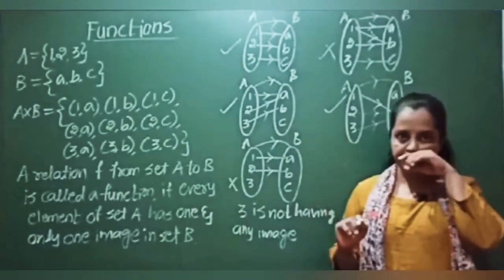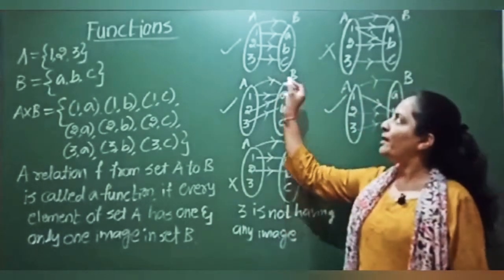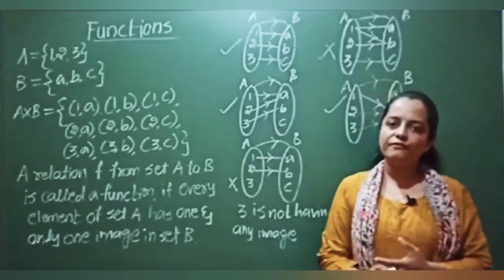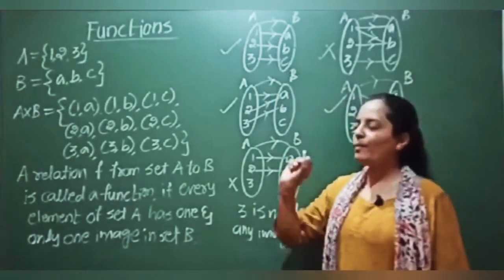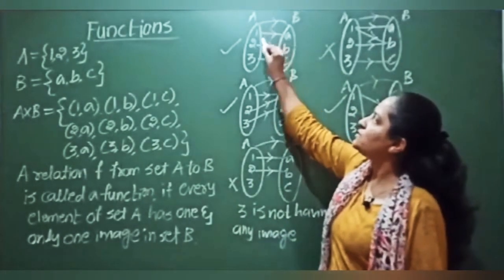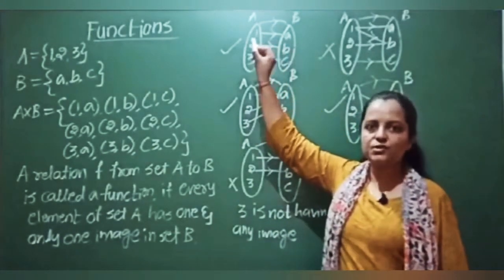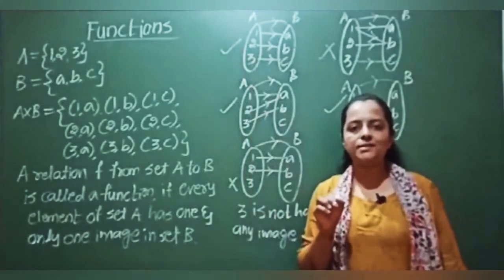And here also, this is very important: how to find the domain, range and codomain of a function. So see here first. What I told about the domain is nothing but wherever the arrow starts. Wherever the arrow starts, that we are going to call the domain.